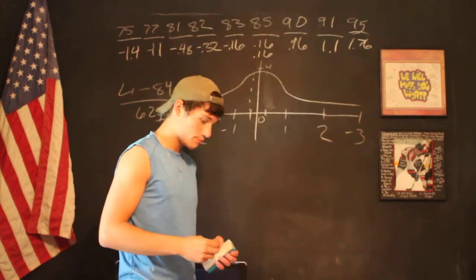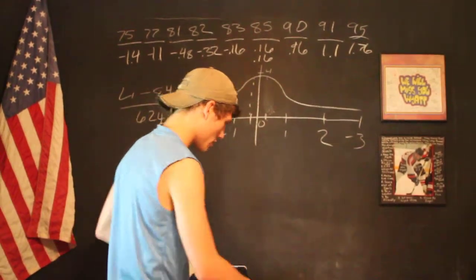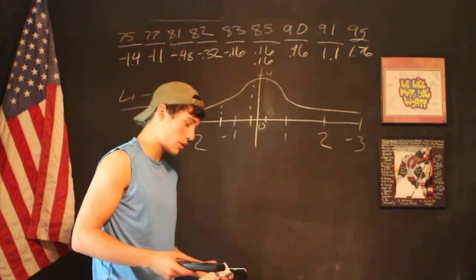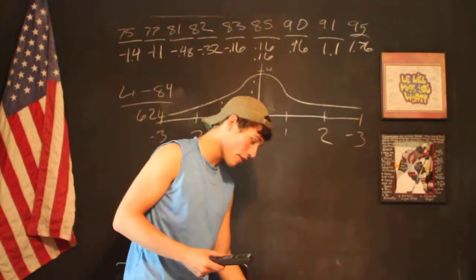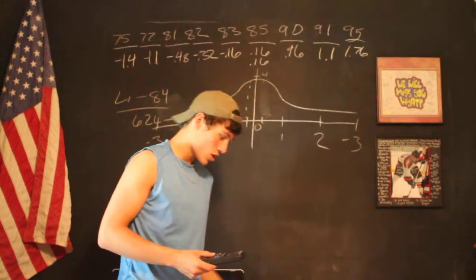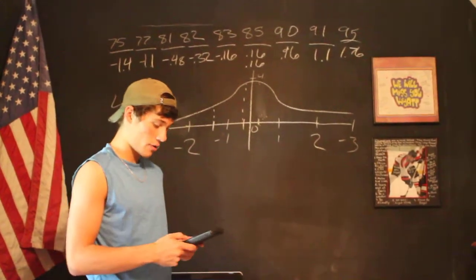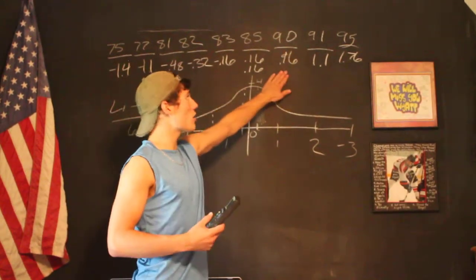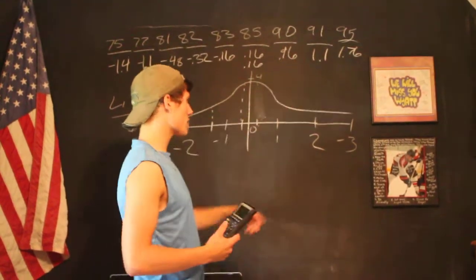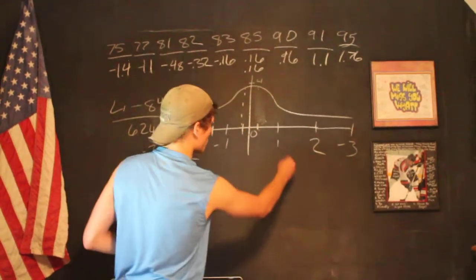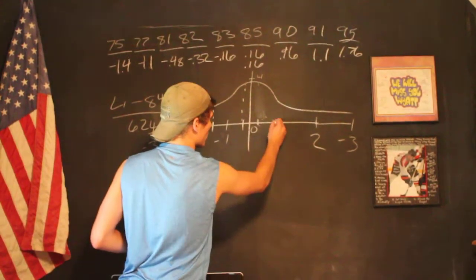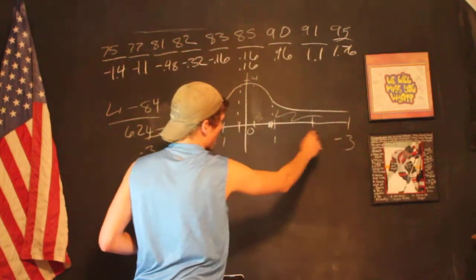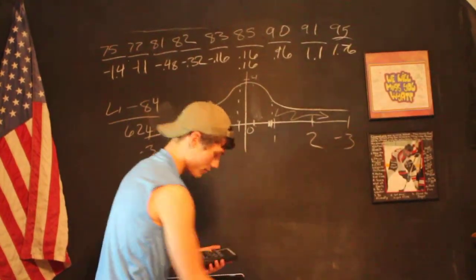The last problem is pretty self-explanatory. It's just the reverse. What is the probability that she scores above a 90? I saved this problem to do on camera, and all you would do is find that the z-score of 90 is 0.96, which is probably going to be about right about here, maybe closer to 1, and then it is going to be the value of everything in that direction.